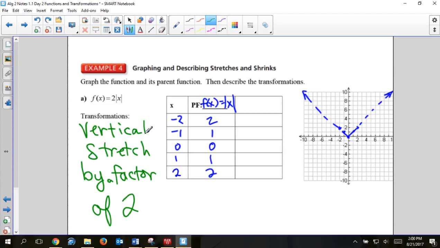So what, Timothy, you just told me, what do I do from this one to this one operation-wise? You multiply by 2. So I'm just going to take all of these and multiply them by 2. And put my answer. So we're doing the operation that it says to do, multiplying by 2.